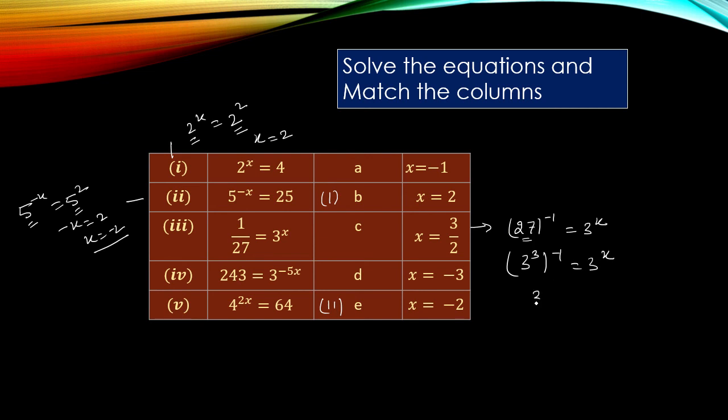So we are writing LHS as 3 raised by minus 3, applying the law here, and now 3 raised by x. Our task is completed now. Bases on both the sides are equal, so we can compare the indices right now. So we can say x is equal to minus 3 is the solution of the equation. So we are finding this is option D. So solution of equation 3 is option D.